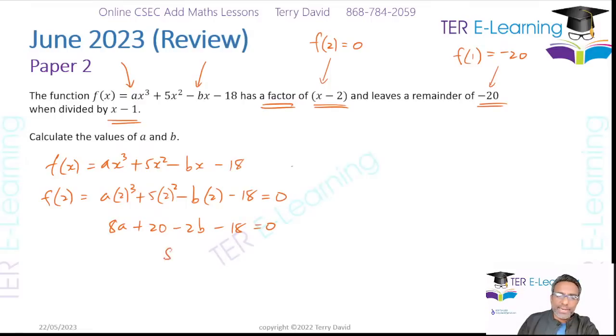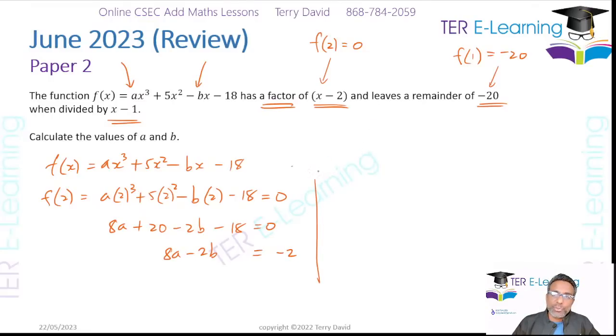So we can write this as 8a minus 2b is equal to 18 minus 20, which is minus 2. So this represents one equation that we have.